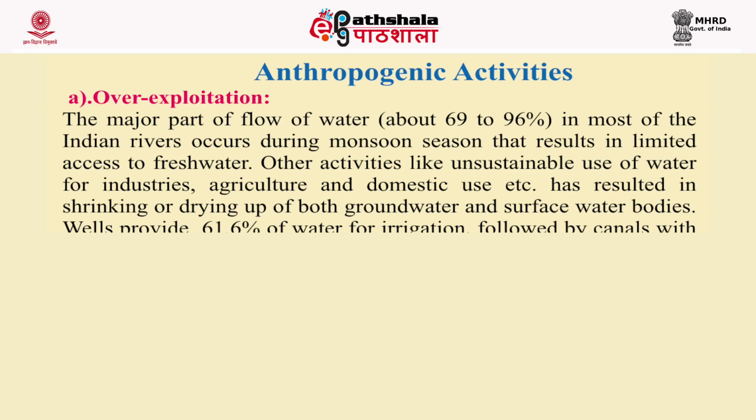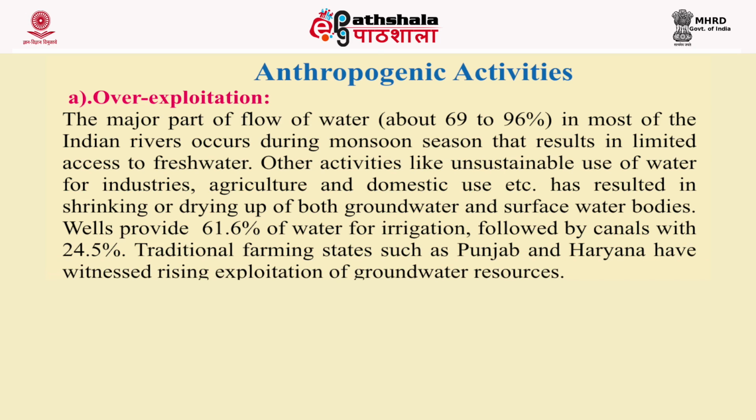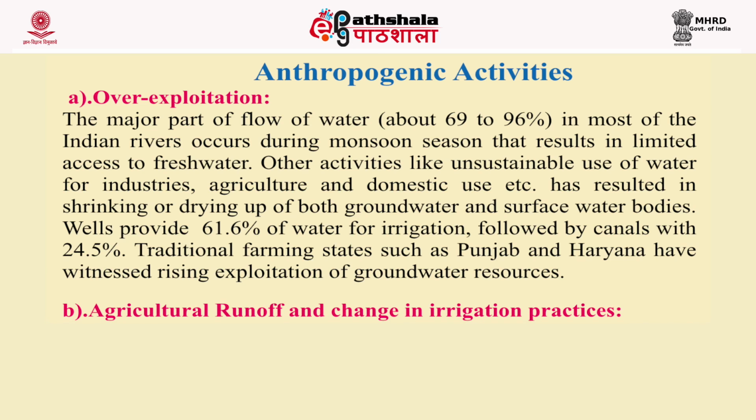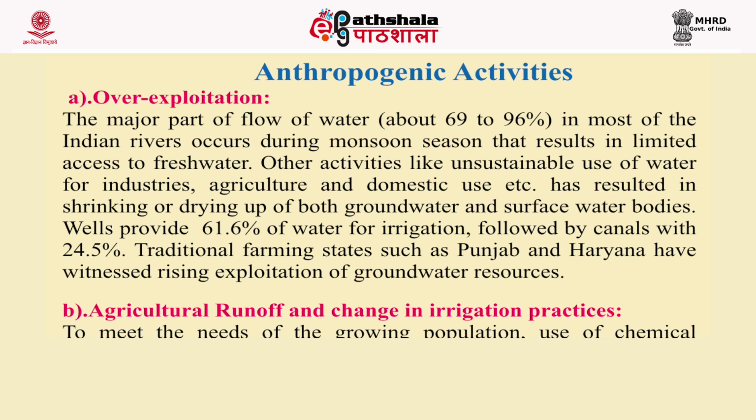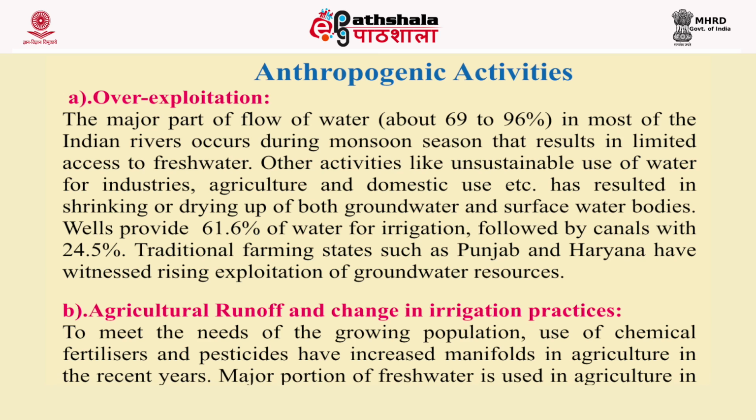Other activities like unsustainable use of water for industries, agriculture and domestic use has resulted in shrinking or drying up of both groundwater and surface water bodies. Wells provide 61.6% of water for irrigation, followed by canals with 24.5%.